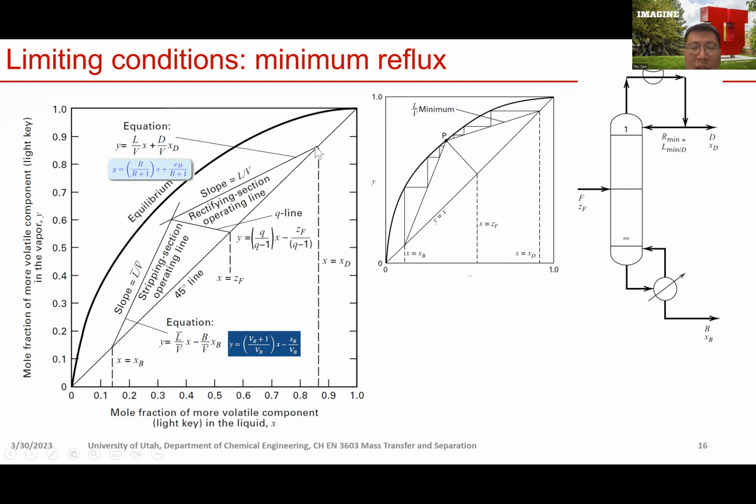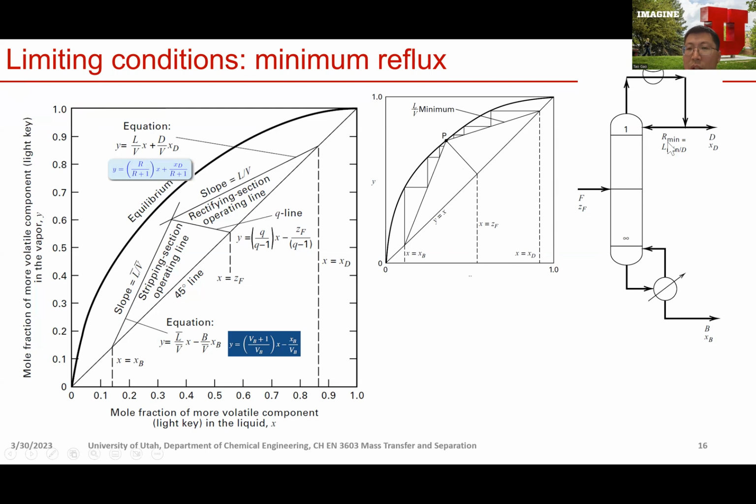In that case, you're going to have a horizontal line, because R equals 0, the slope is 0. But if that happens, basically your Q line, your rectifying section line, and your stripping line will cross at a point that's outside the equilibrium line. That will be something here or even here, which we know is thermodynamically impossible.